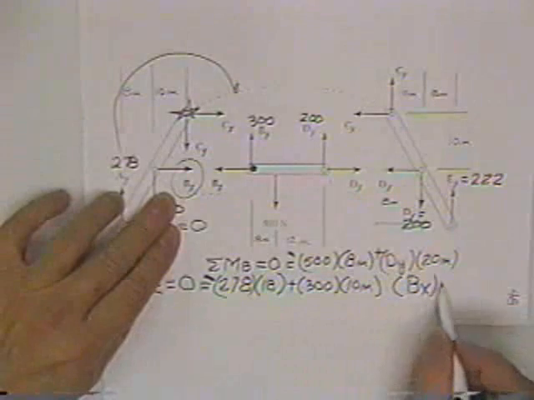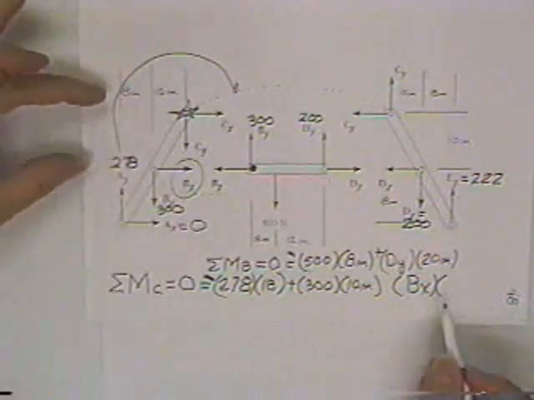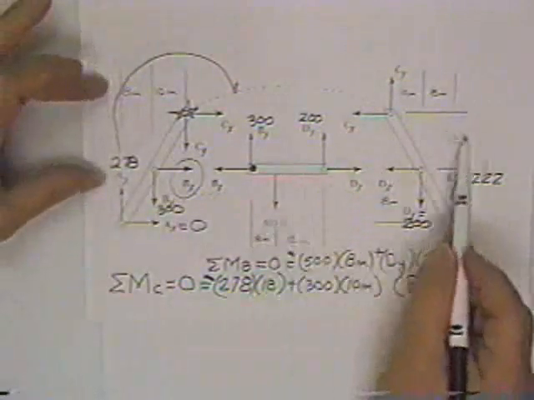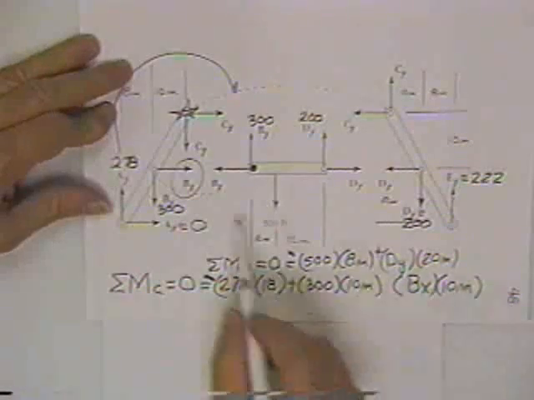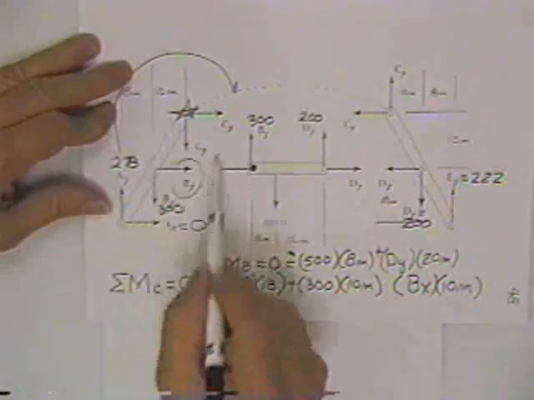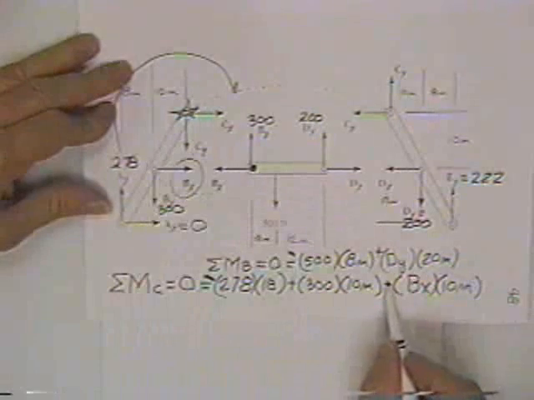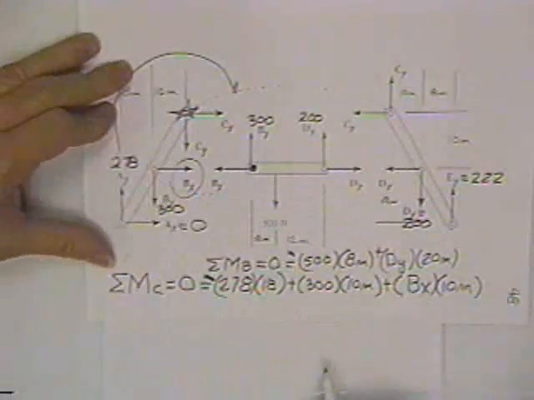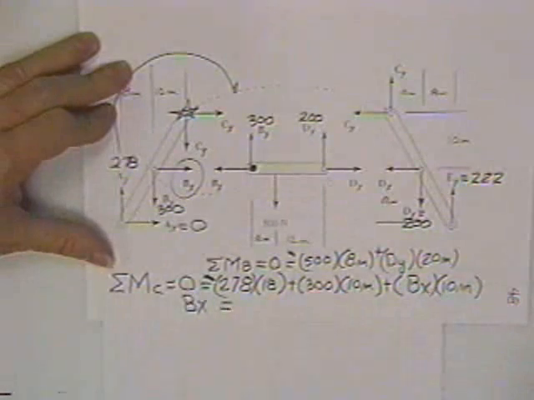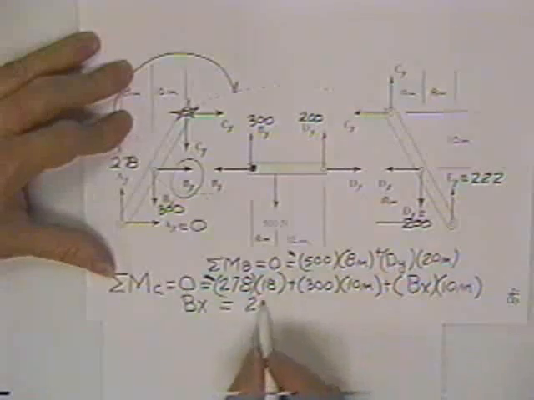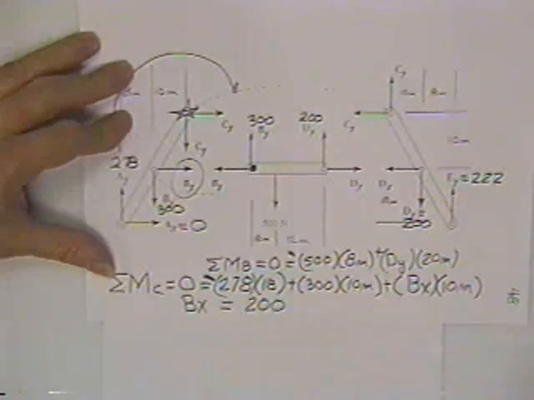Finally, I see Bx. It has a 10 meter moment arm, and a positive tendency to roll. When I solve for Bx, I get 200. Is that 200 a plus number or a minus number? Plus.